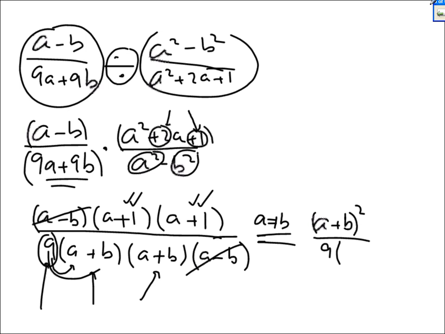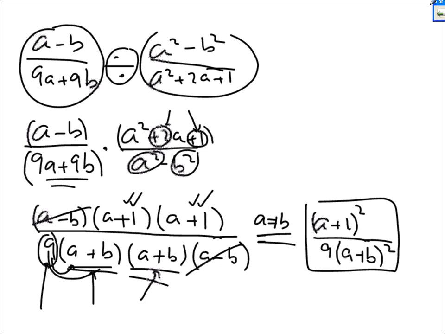The bottom is 9 times a plus b times a plus b, which is 9 times a plus b squared. There's an answer. That mess on the very top is equal to this, provided a and b are different.